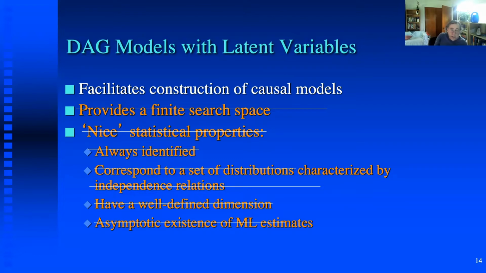It doesn't have a well-defined dimension. It doesn't have asymptotic existence of ML estimates. So you have a lot of theoretical problems, as well as actual problems, in that you can show that in many cases, for instance, the BIC score is no longer good at picking out the correct model.